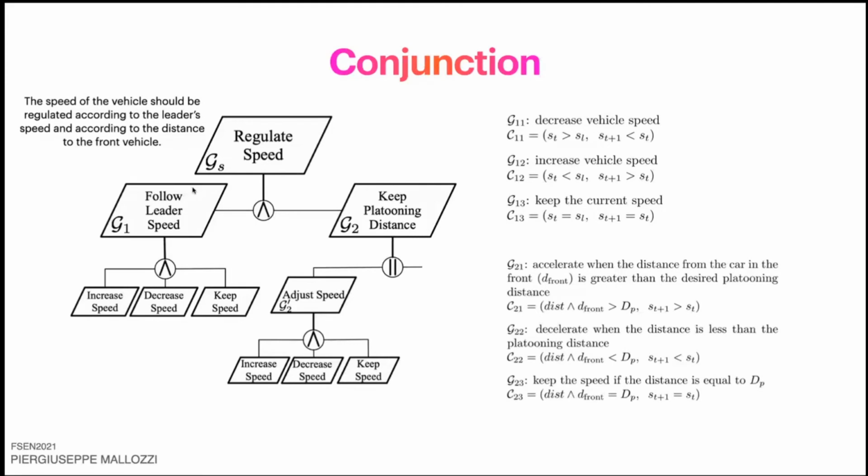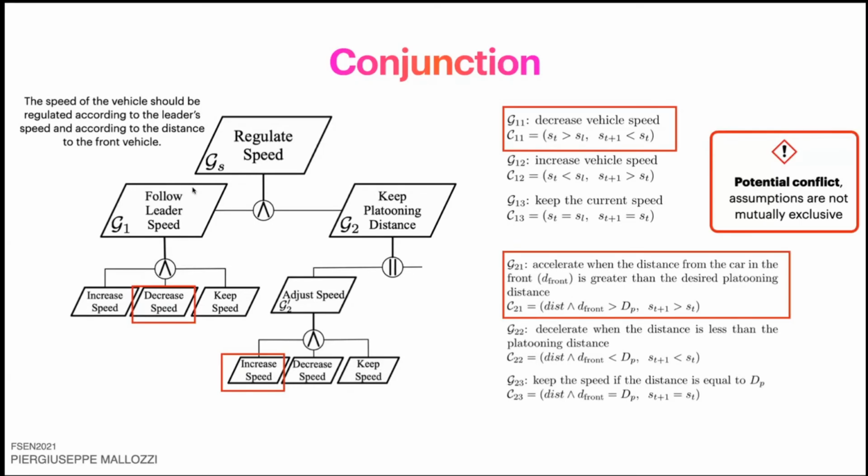So here we can see an example of conflicts, because since the assumptions are not mutually exclusive, Kokomo detects a potential conflict that can happen when one goal prescribes the vehicle to decrease the speed, and another goal to increase the speed. Since they're not mutually exclusive, this can very well happen. So how do we solve that?